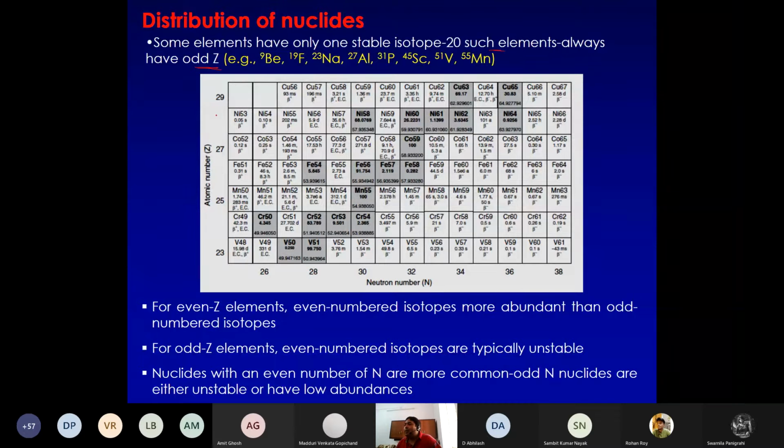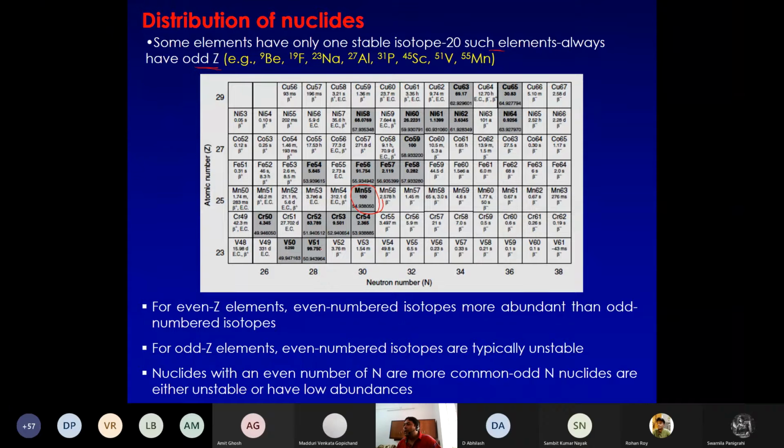This is just a part of the nuclide chart in the region around some of the transition elements: vanadium, chromium, manganese, iron, etc. Look at manganese 55 here, just a single isotope, and its atomic number is 25, so it's odd.